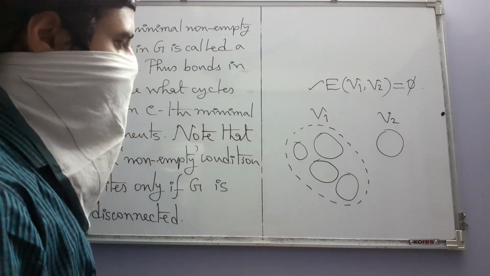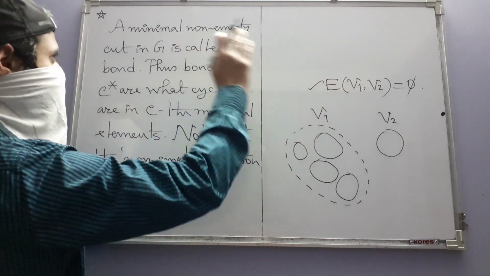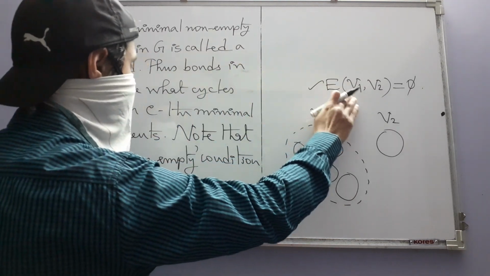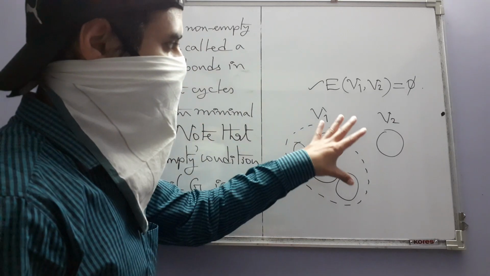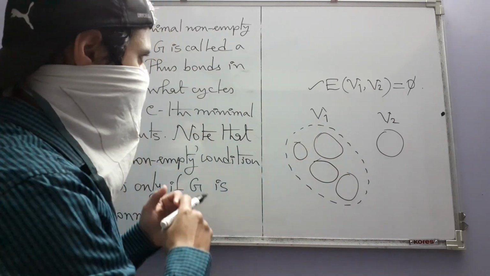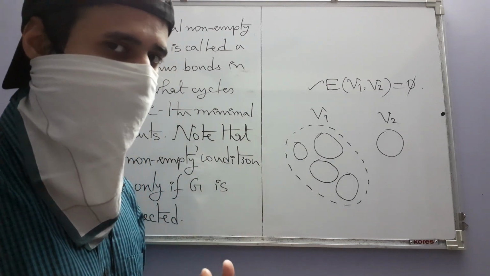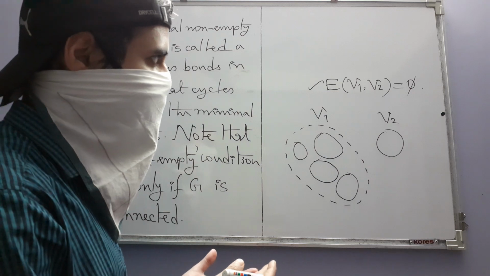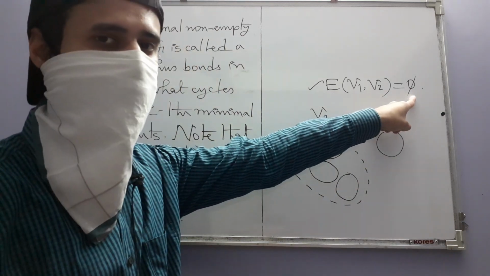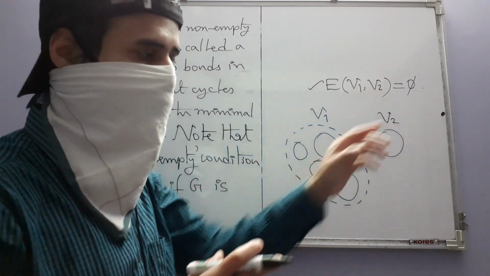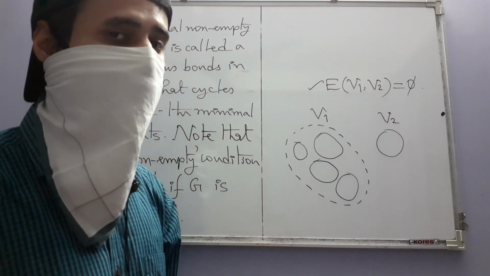Now if we do not take into account, or if we do not impose non-emptiness here, then for a disconnected graph, minimal bonds, by definition being minimal cuts, there will be only one bond, which is this, and that's it. So the definition sort of becomes meaningless.